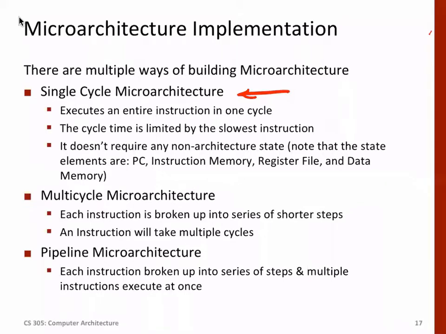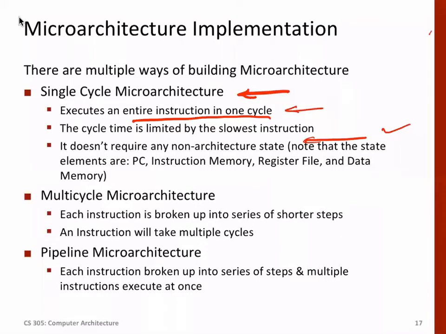So single cycle microarchitecture executes an entire instruction in one cycle. Cycle time is limited by the slowest instruction. This point also we have studied. It does not require any non-architectural state. It means, as we will see a little later, that in the case of pipeline design or multi-cycle design, we need additional registers and so on for it to operate correctly.